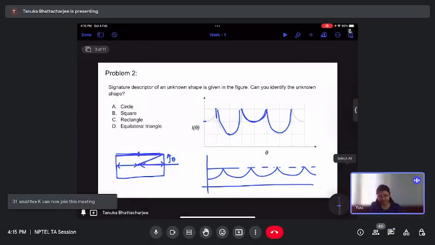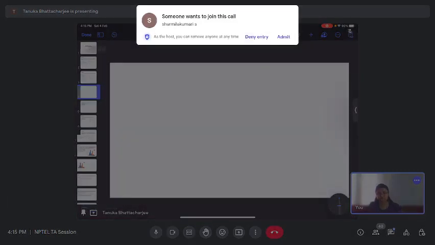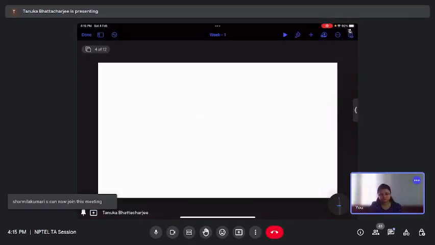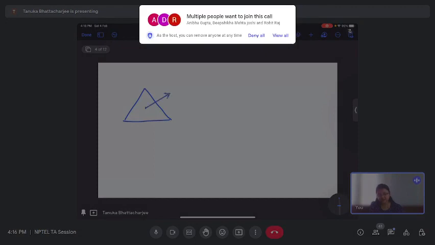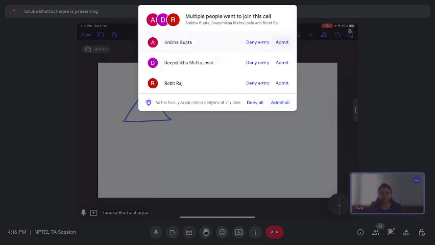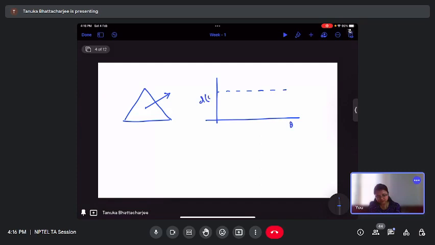Similarly, let us say we have an equilateral triangle. Here is the centroid, and let us say I take the reference direction along the perpendicular. Here this side is theta, this side is d theta.